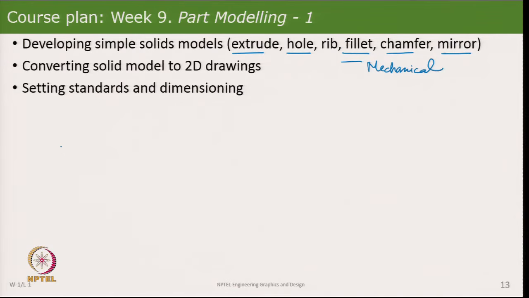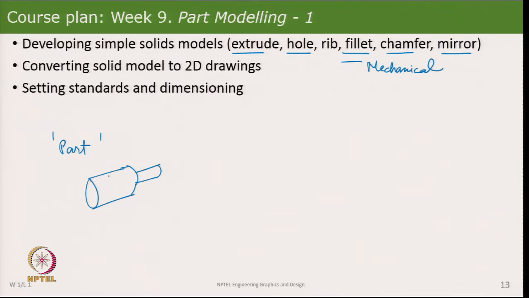If I have to make a certain part, say a cylindrical part here with a smaller cylinder part there, there are many ways in which I can make it within a CAD package. And each one of them, depending on the package, has different aspects, and you will learn some of these in this week.